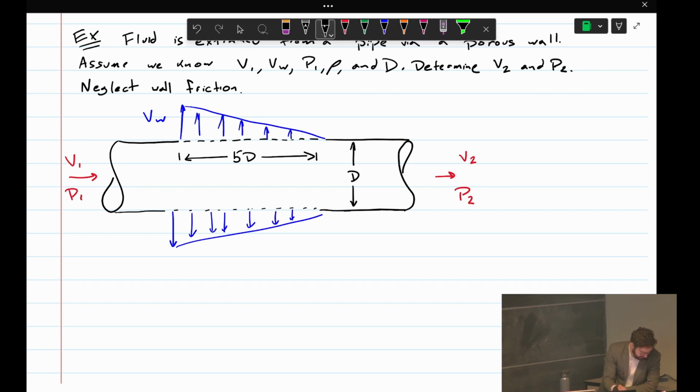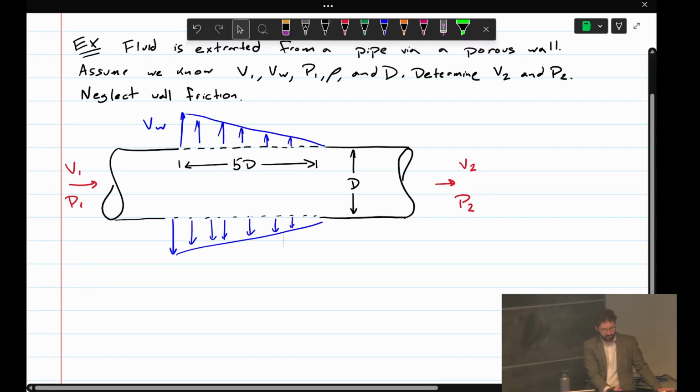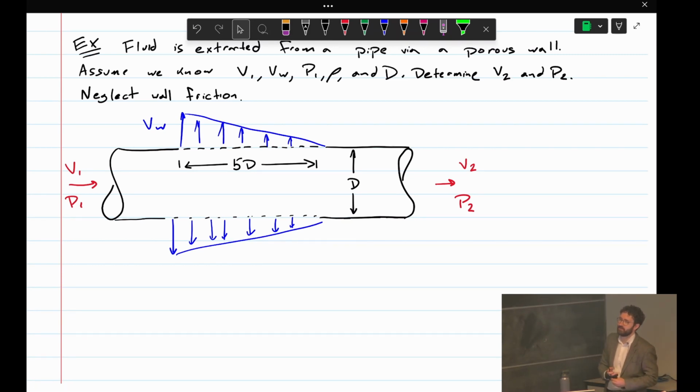It's kind of contrived in that we have this nice linear velocity profile along that porous section, but it allows us to do an example of conservation of mass and momentum with non-uniform outlets.